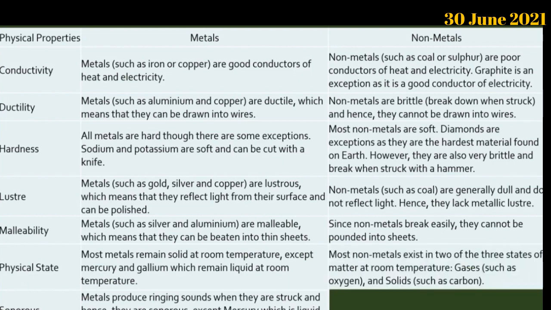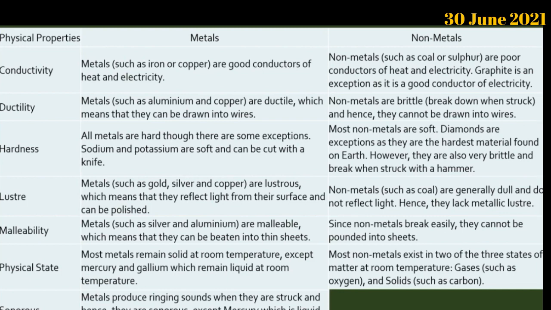What about state? Metals are generally solids, except few. But most of the non-metals exist in two or three states of matter. They can be gas, they can be solids, they can be liquid also. Sonorous properties.